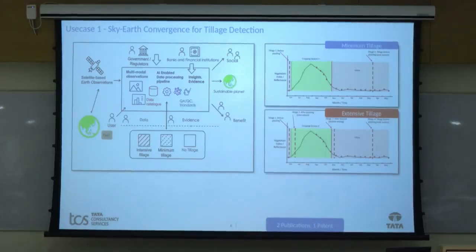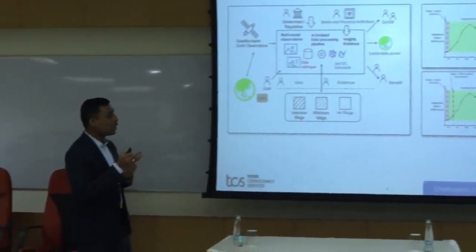The core philosophy, which has not been attempted earlier, is this: the prior art was mainly focused on whether tillage was done or not. It was a binary decision, and even when it was done, what kind was not attempted. So what we tried to do is determine when it was done and what kind of tillage it was: no tillage, minimum, or extensive tillage.